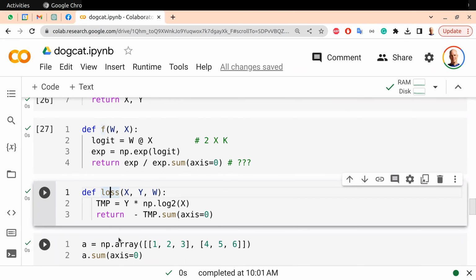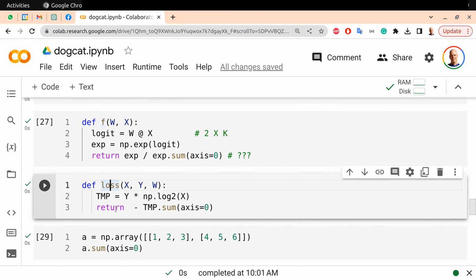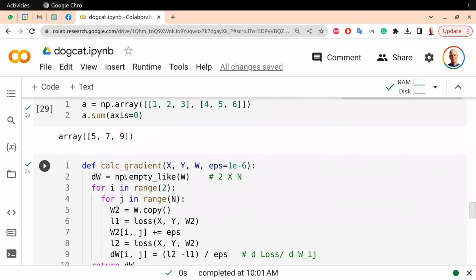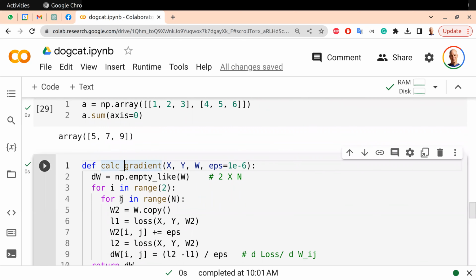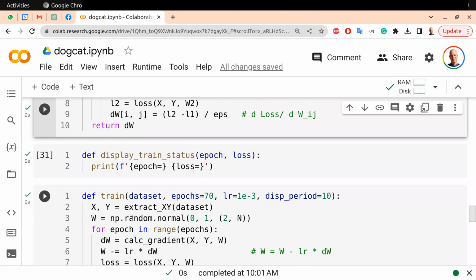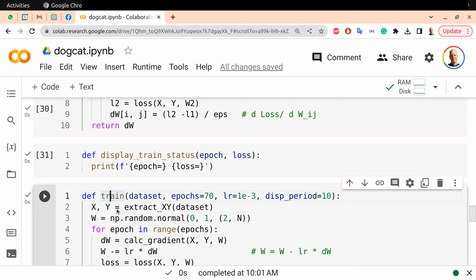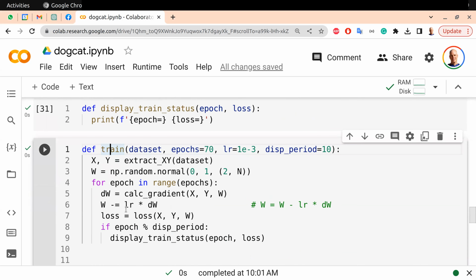This is the implementation of the loss function. This is an implementation of numerical calculation of the gradient of the loss. And this is the main function, which is the training, which actually implements the gradient descent. And here is the update rule.